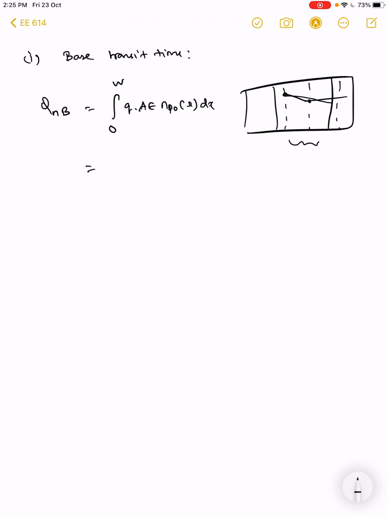And if we assume that the width is very small, instead of the exponential decay, you can consider it as a linear function, right? And it will turn out to be QNB. Basically, it's a triangle, right? Half AE Q NP naught into W. NP naught is the actual density here, right?